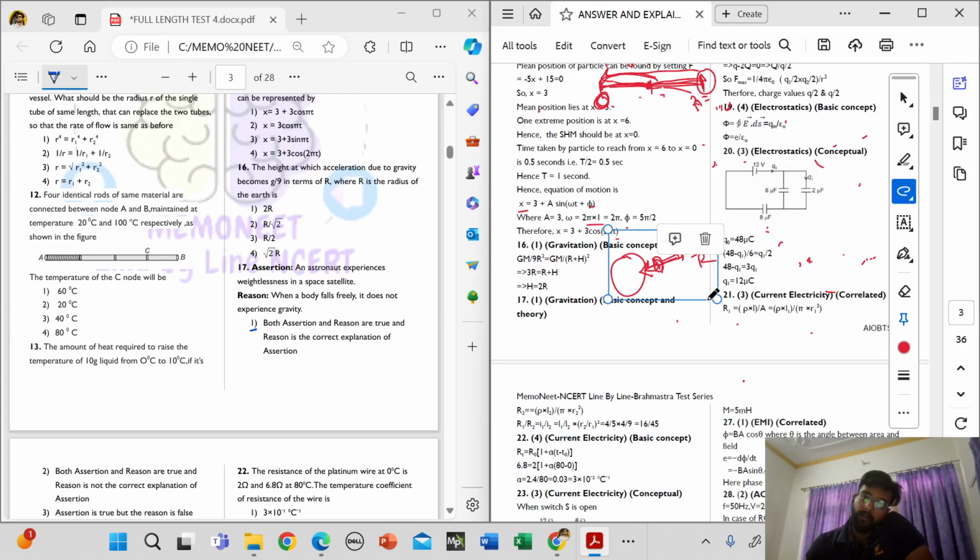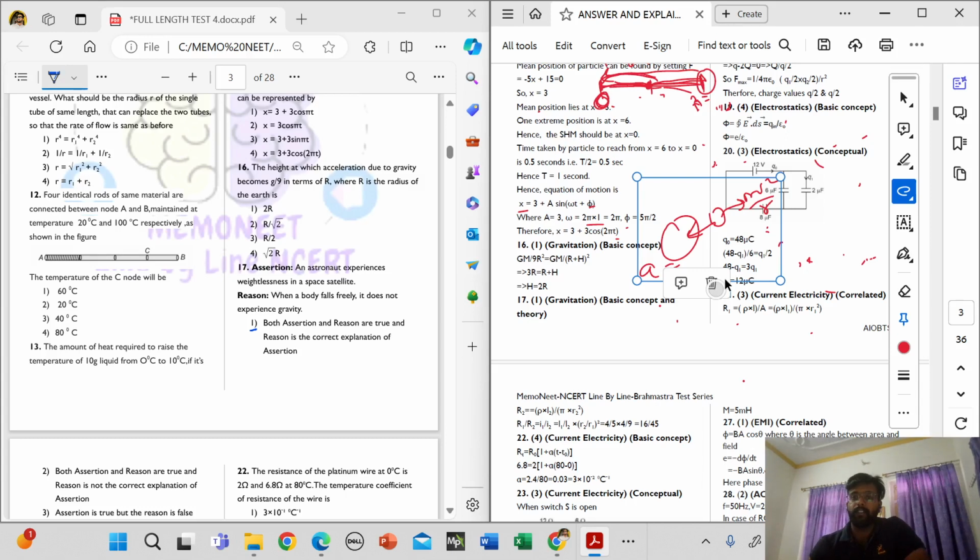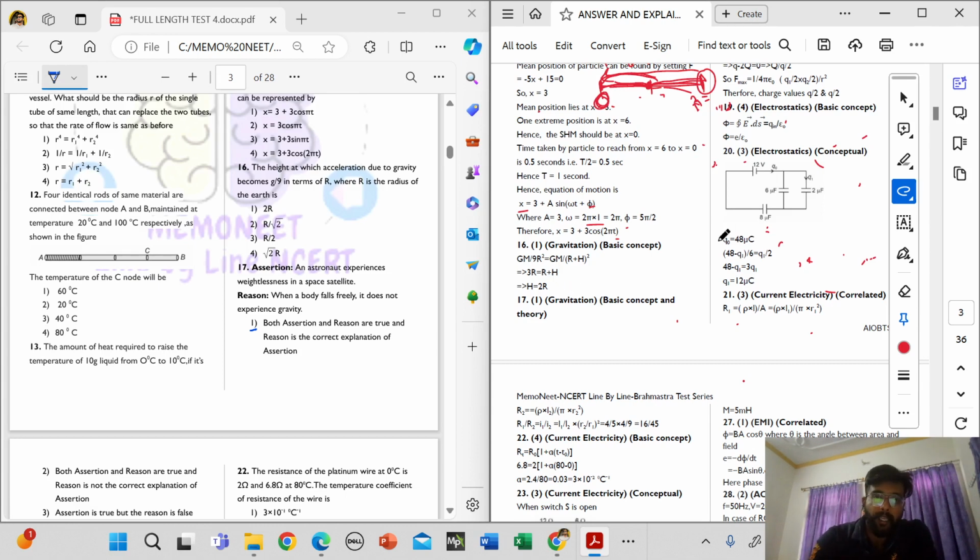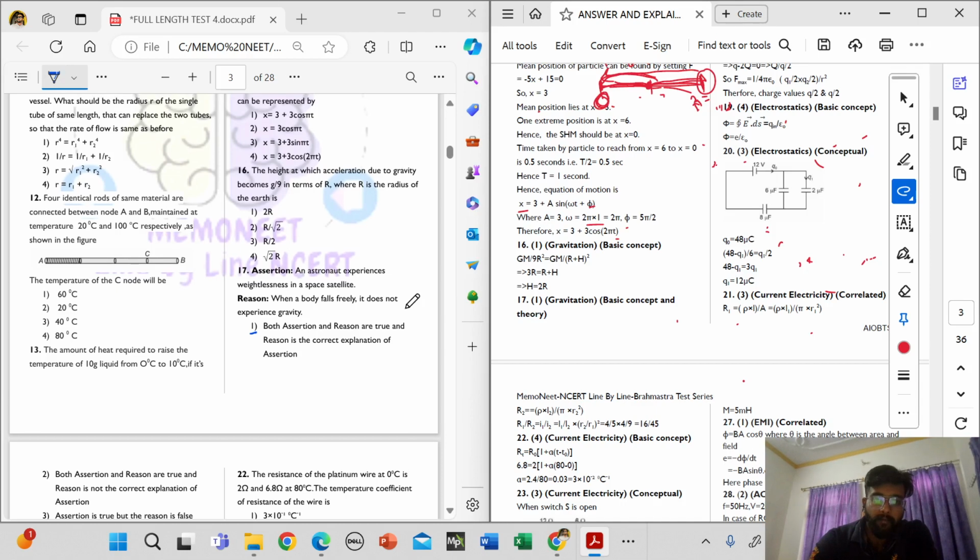The mv square upon r balances out the gravitational force, so the net acceleration is zero, and there is no force acting on it. So it is in the condition of weightlessness. And when a body falls freely, it does not experience gravity.